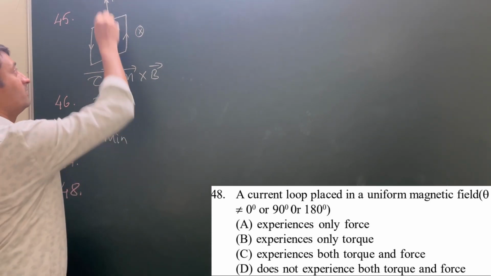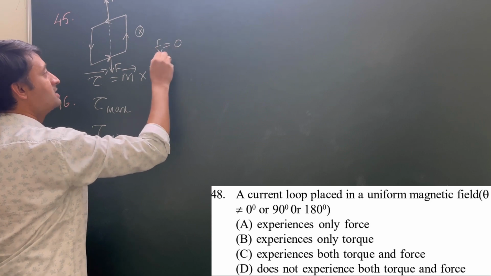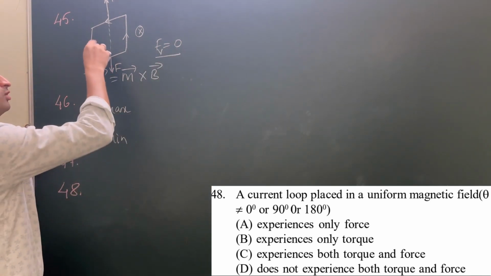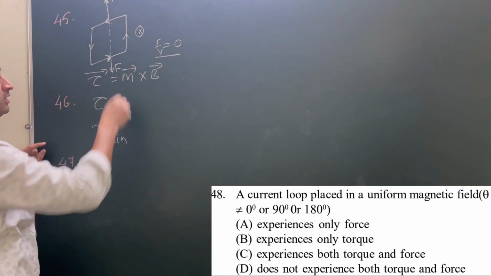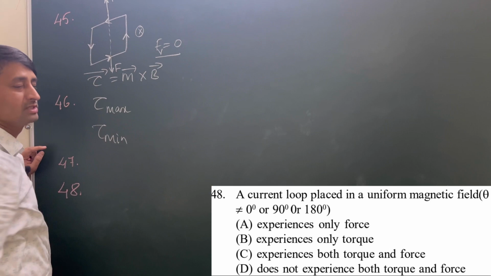So the net force along the vertical is equal to 0. And net force along the horizontal, this is also carrying the current in the opposite direction.